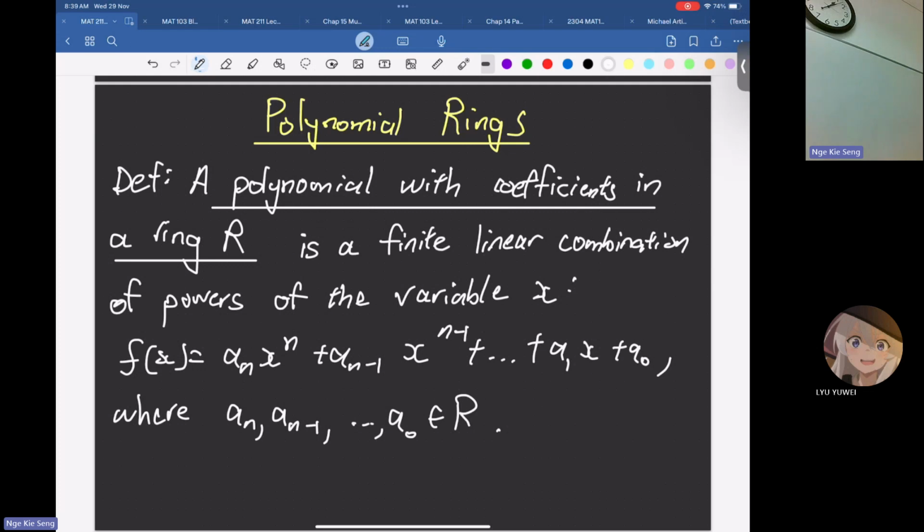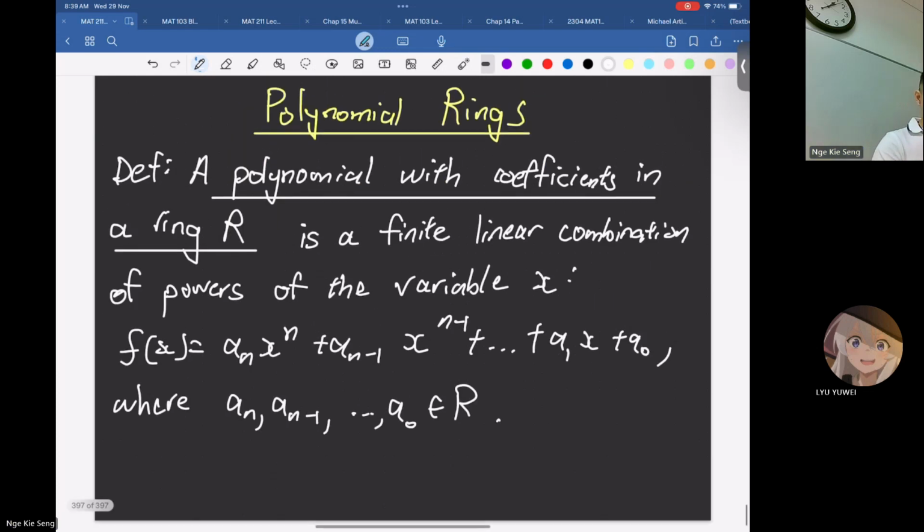You see it as a formal thing, with a formal variable, because we can substitute R with any ring or domain we like later.